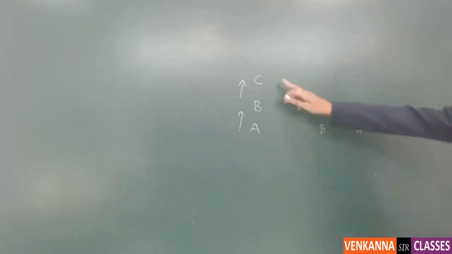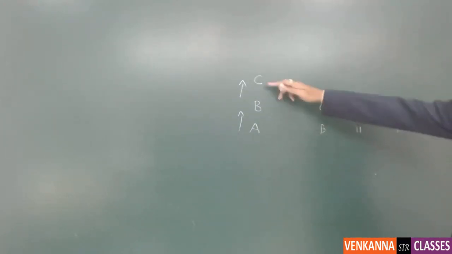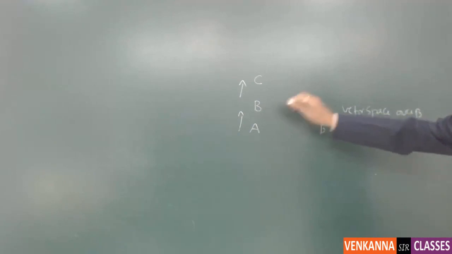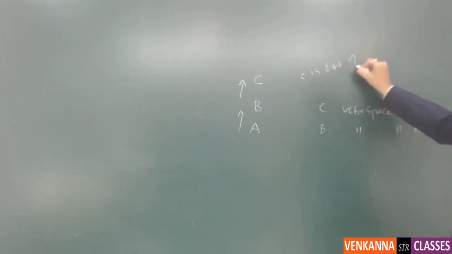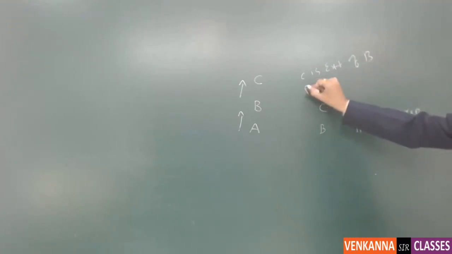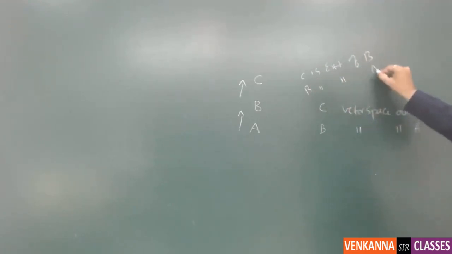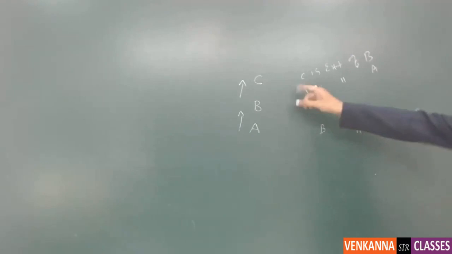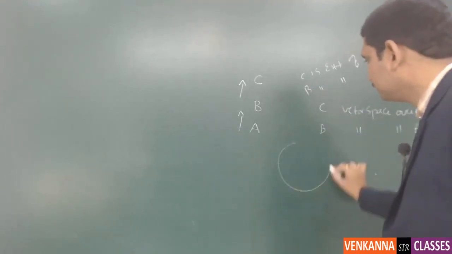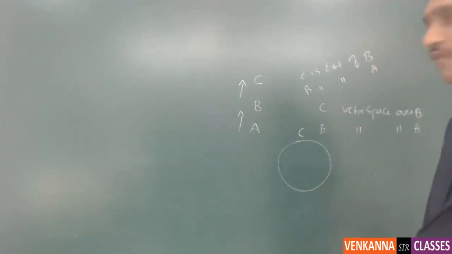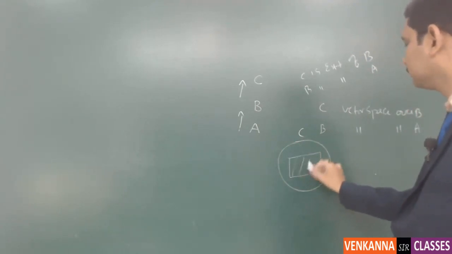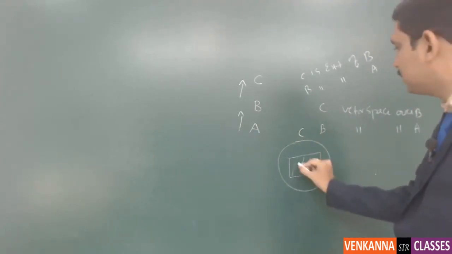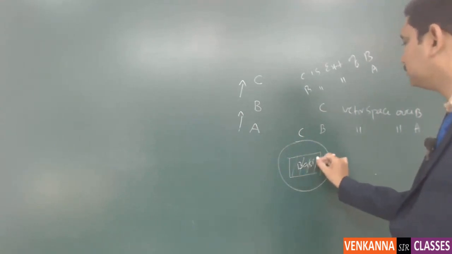So here spanning is nothing but, since we have taken that C is an extension of B and B is an extension of A, in C you can find a set of values. This is a basis for C.